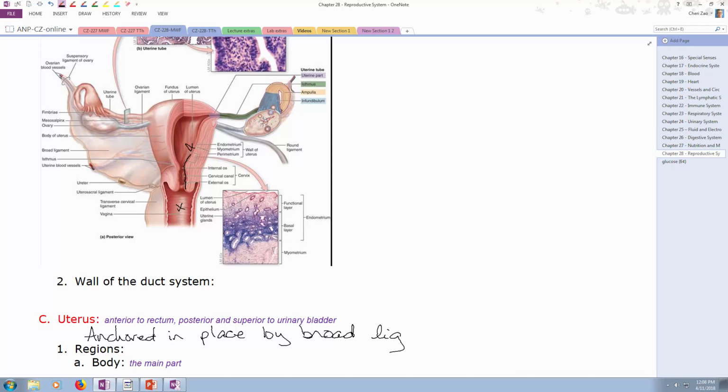And that's because now we're meeting an area that is totally different as far as the cellularity of the epithelium. And this cellularity of this epithelium should make sense to you because it is in an area that is going to undergo trauma and friction. And what type of epithelium is best for that?